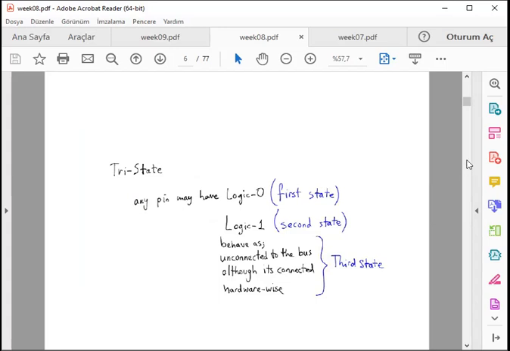We have to talk about the three-state form. In ordinary logic, we have two states, either low or high. Three-state is the third one. Actually, it's not a level of voltage, rather a state of the device which does not represent a low or high signal.